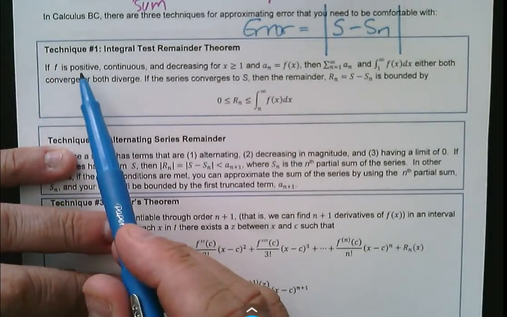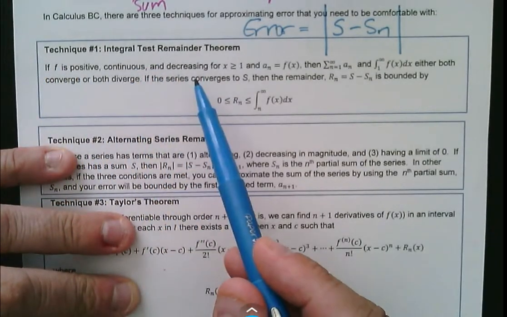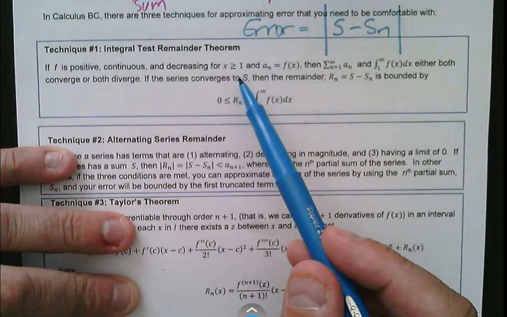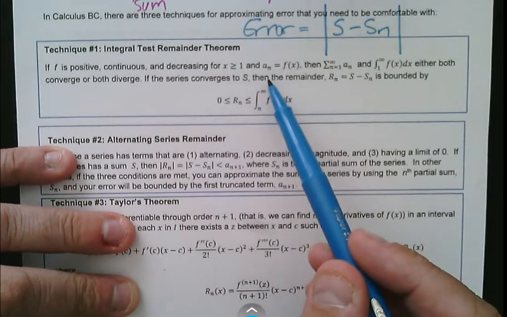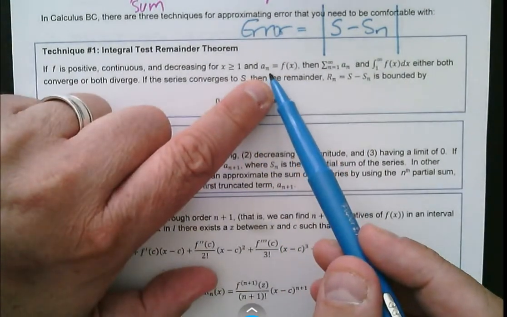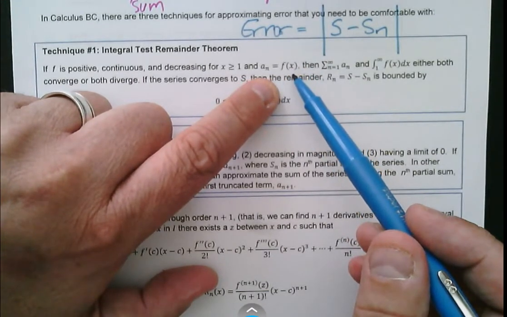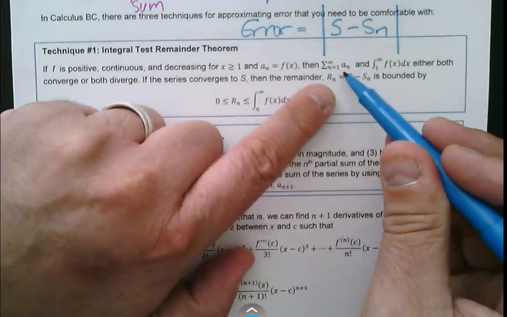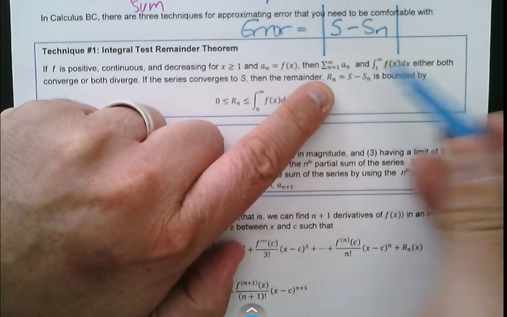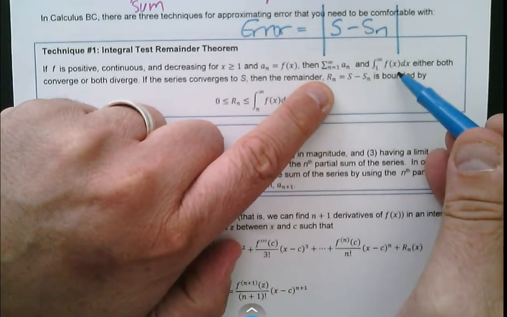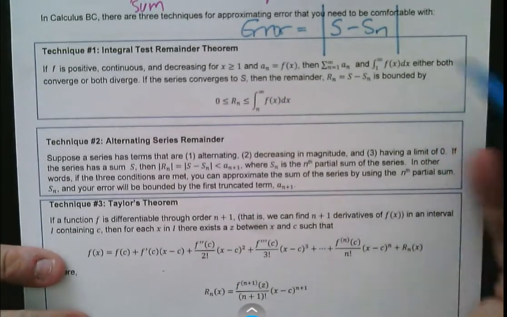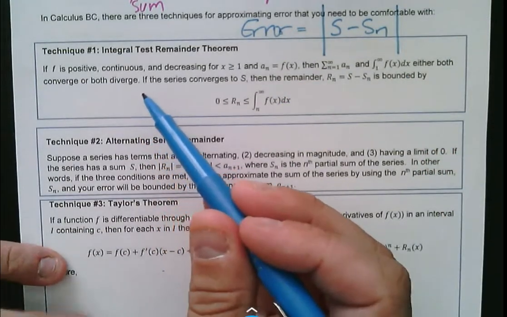So if f is positive, continuous, and decreasing for all x greater than or equal to 1, and my a sub n's, the terms in my series, are equal to the value of the function, then the infinite sum and the integral from 1 to infinity of f of x either both diverge or both converge. That's the integral test.